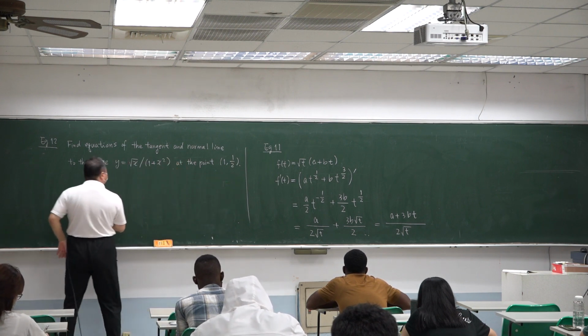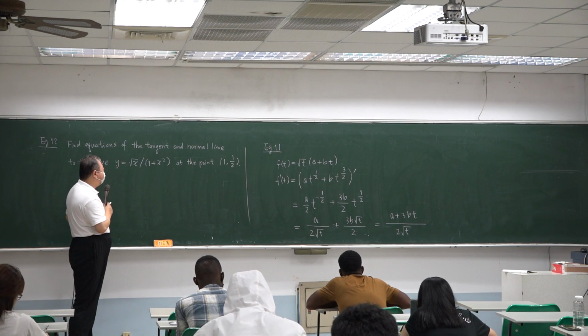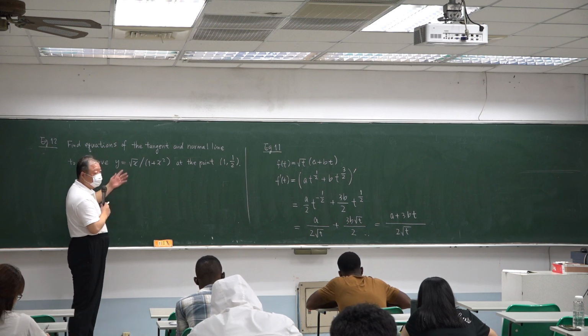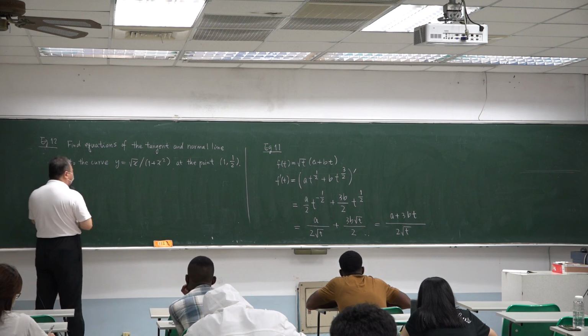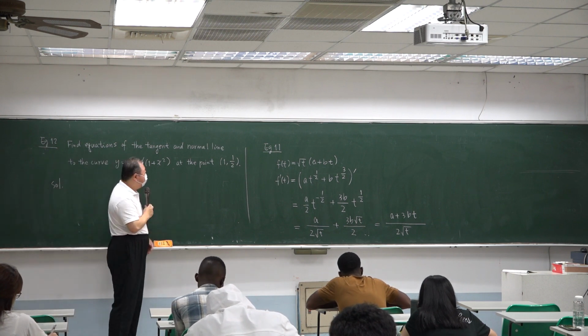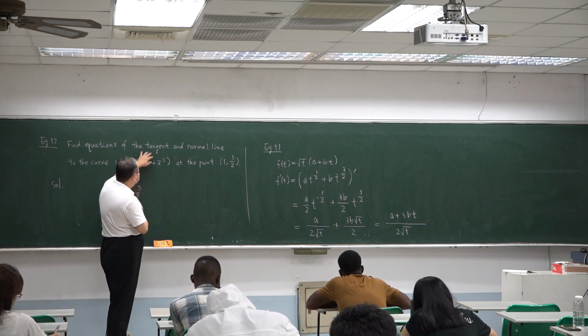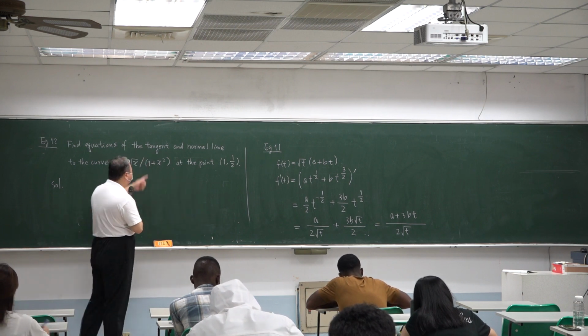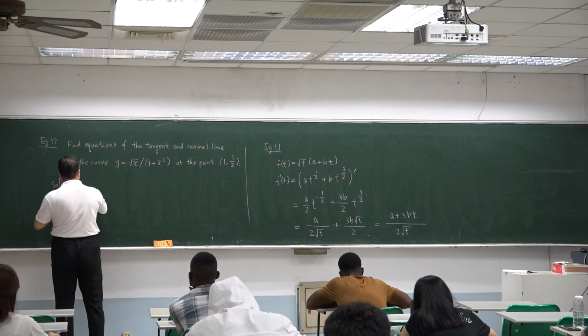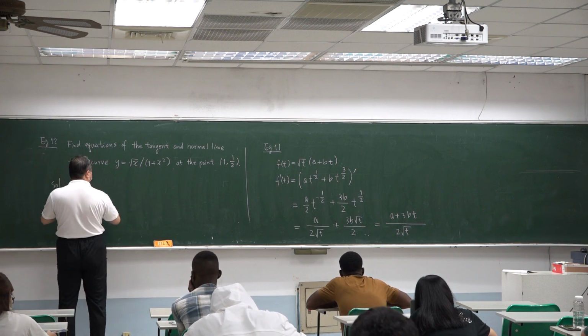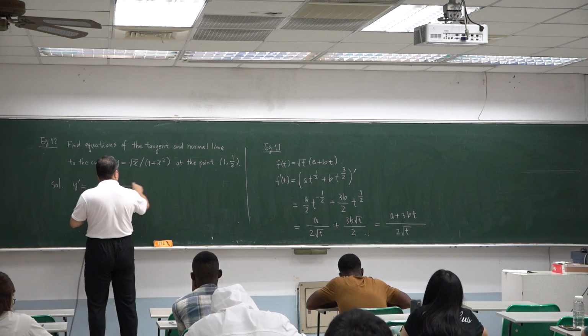So (1, 1/2) is really a point on this curve. So we already have the point. In order to find the tangent line to this curve at this point, we need to find the slope of the tangent line. The slope is the derivative of this function.